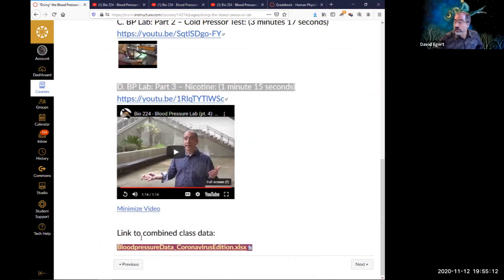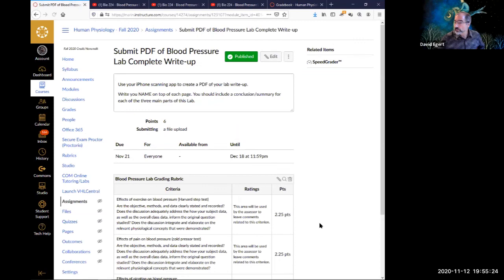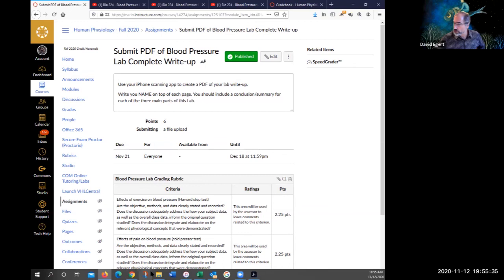So again, all of the data for all three parts is just in the spreadsheet here at the bottom of the page, so it's easy to find. And then again, there's the submit. Where do I have it? I have it due November 21st.